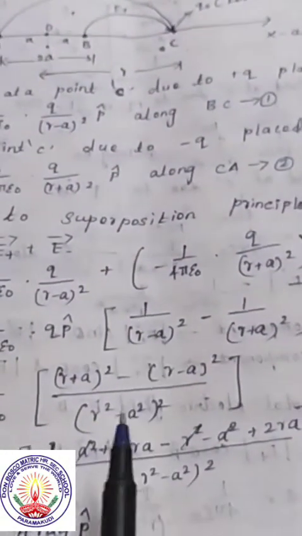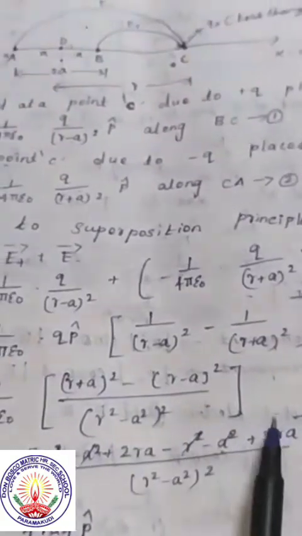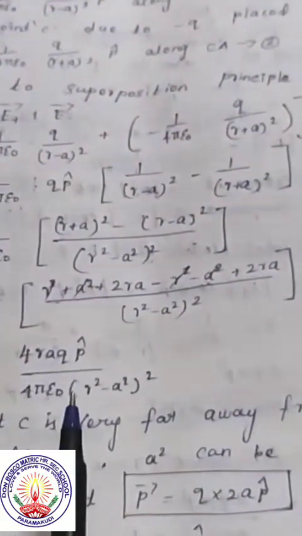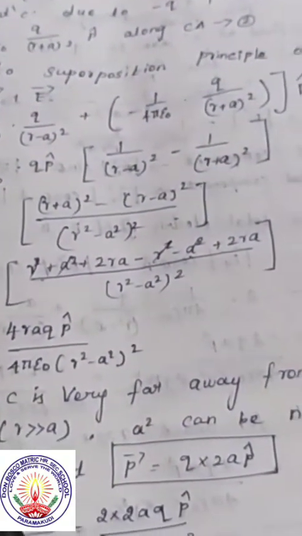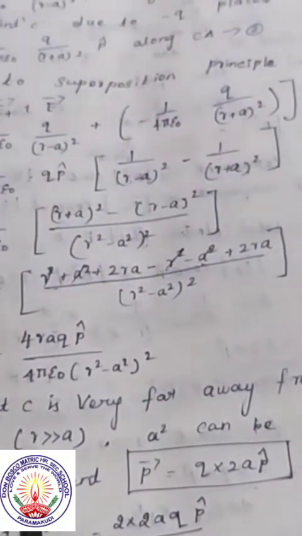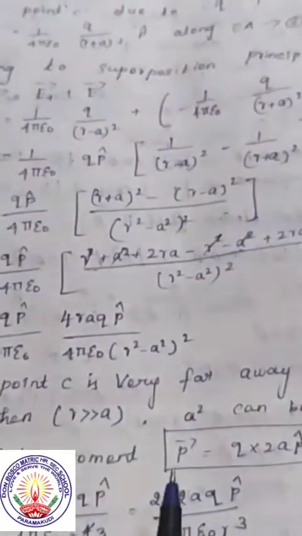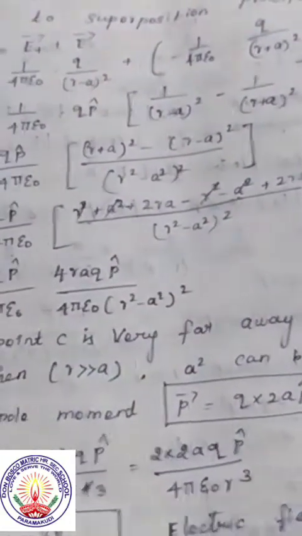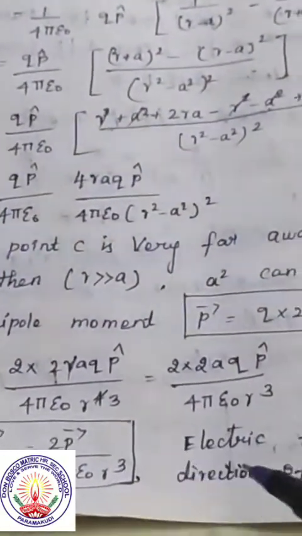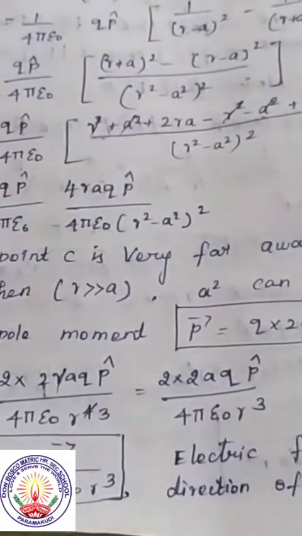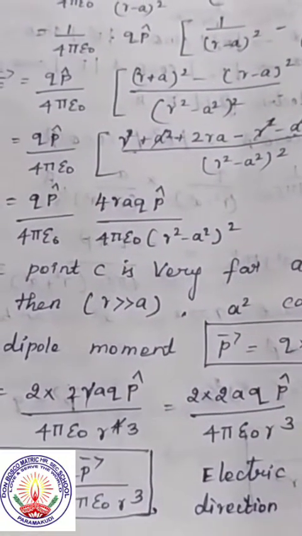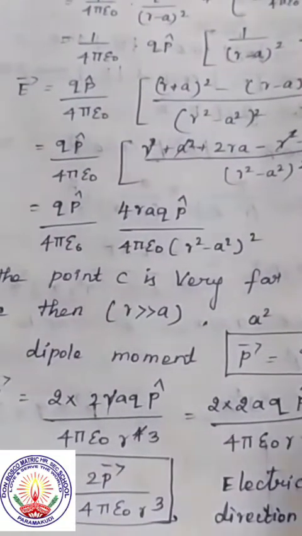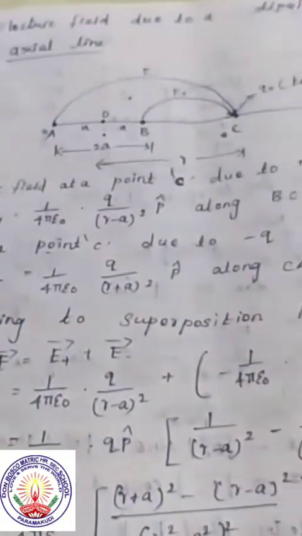Then we have to expand (A plus B) squared or (A minus B) square. Next we get the answer. Next we have to substitute the dipole moment. Then A squared can be neglected. The remaining terms we substitute, and we get the answer. So electric field acts along the direction of dipole moment in the x-axis. So this is a very important 5-mark question.